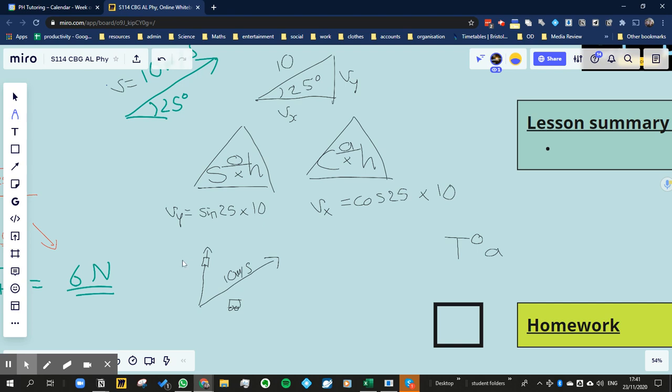So he would be Vy, which we already worked out, and if we say that's the same angle, 25 degrees, Vy would be sine 25 times 10. And his friend would be going at cos 25 times 10. So that would be a sort of real life situation of how you'd be able to work that out. Okay.